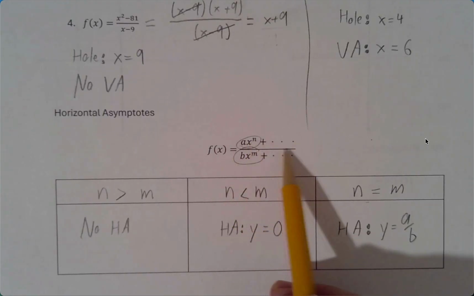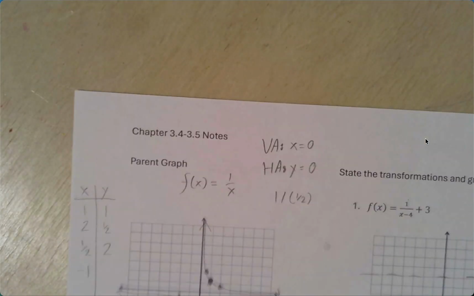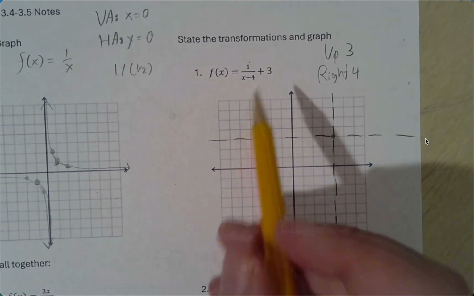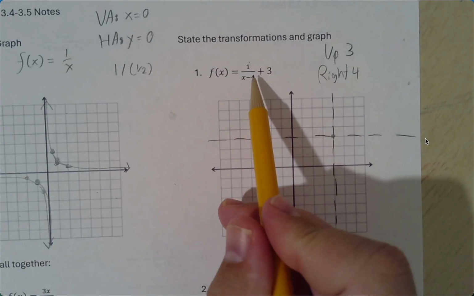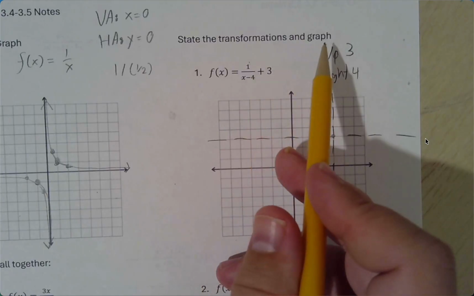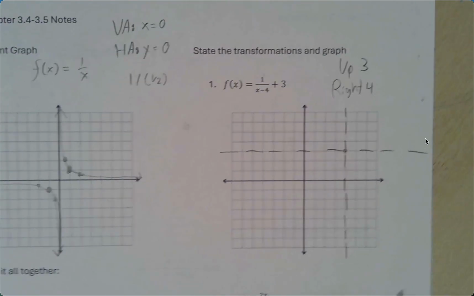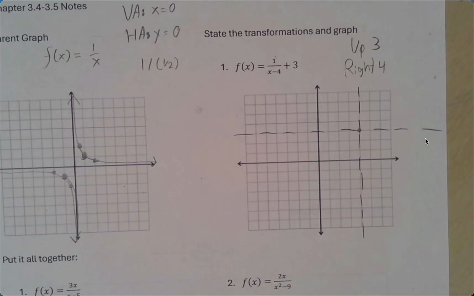There can be multiple terms, but there's no addition or subtraction here. So just to say that out loud, we're not going to work it out because we don't need to worry about it, but there is a way to make common denominators and put these together, and then you would see your HA being at positive 3. All right.